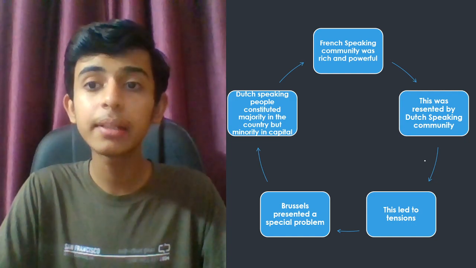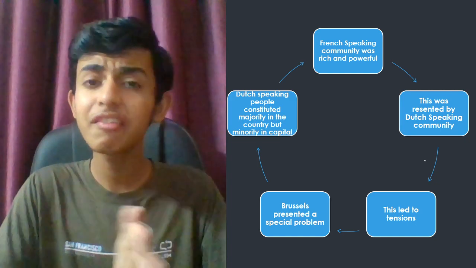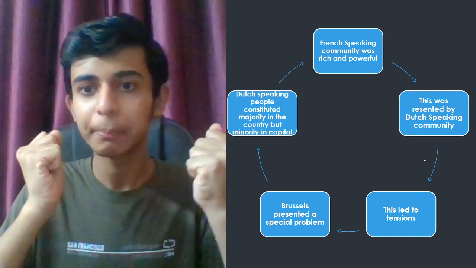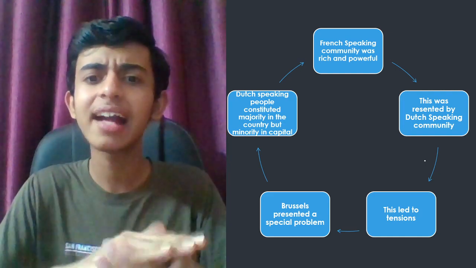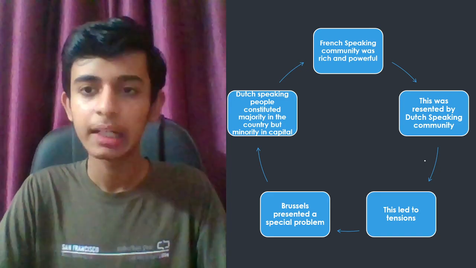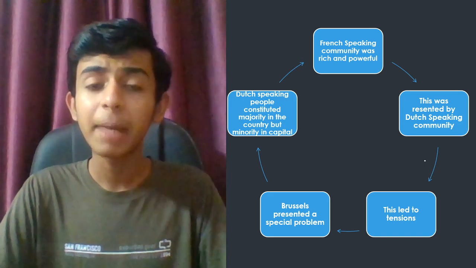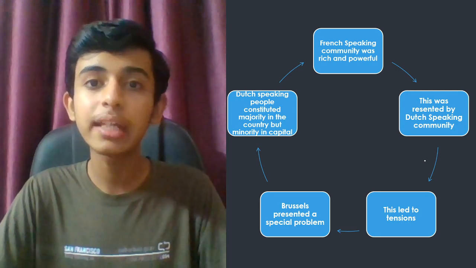See, the French community was very rich and powerful. They had a lot of money as well as power. Because if you are rich, you get that standard and that's why you become powerful. Clear? And you get good education, you get a good post. But this was resented by the Dutch speaking community.